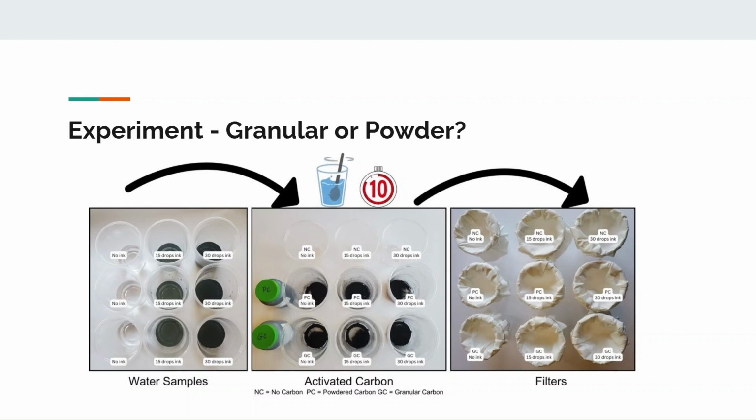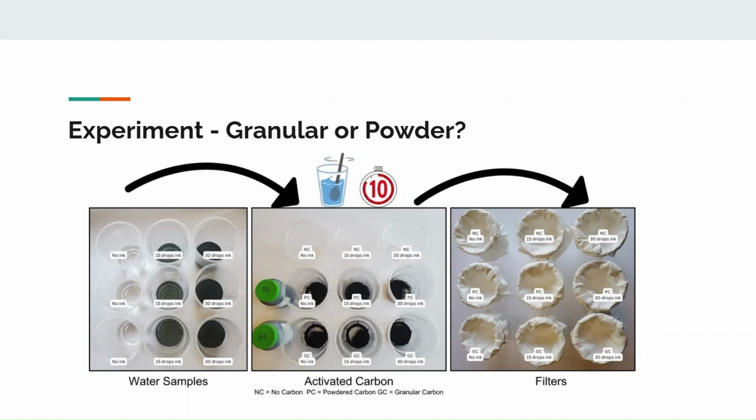Then pour the same amount of dirty water, made by mixing tap water with things like soil or food coloring, into each filter. As the water passes through, collect it in a cup underneath. Finally, compare the filtered water from each setup by checking how clear it looks, how it smells, and how fast it filtered. This will help you figure out which material works best for cleaning water.